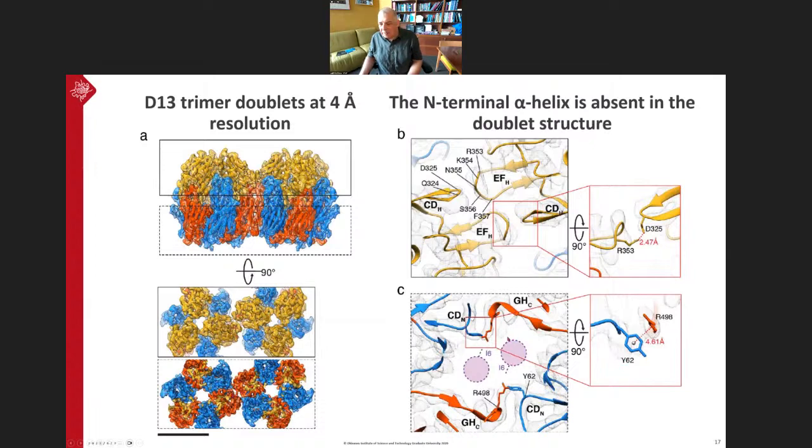However, what was remarkable was that the density for the N-terminal alpha helix was completely gone. So there was no density visible for it. That suggested that somehow the dimerization pushed away the N-terminal alpha helix. Or to put it differently, the displacement of the N-terminal alpha helix initiated the assembly.